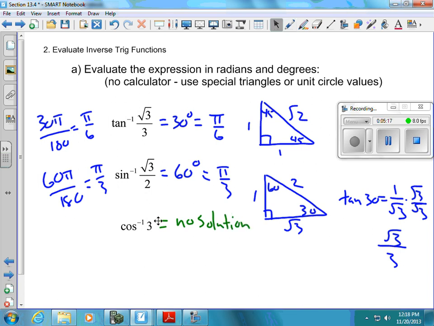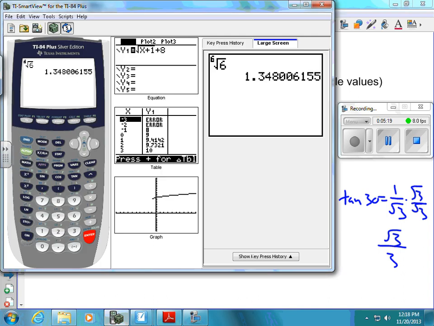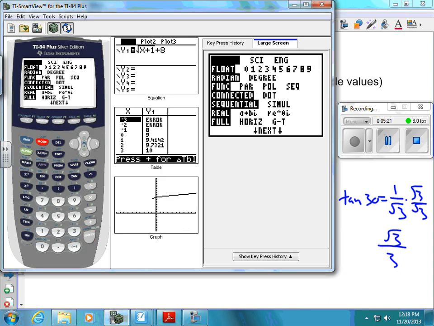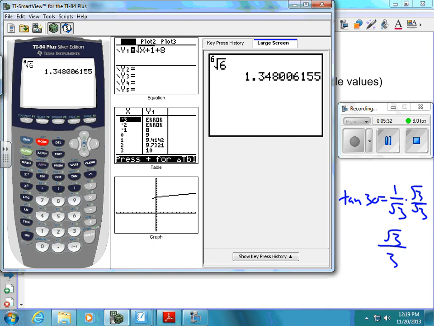If we did this on our calculator, I have to go to mode and make sure I'm in degrees. I know it says radians or degrees, but it's not going to give you the answer in terms of pi if you do the radian measure. So you're always better off when you're solving for an angle to solve for it in terms of degrees. But let's say I want to do the first one, the arc tangent or inverse tangent of the square root of 3 divided by 3. That gives 30 degrees.